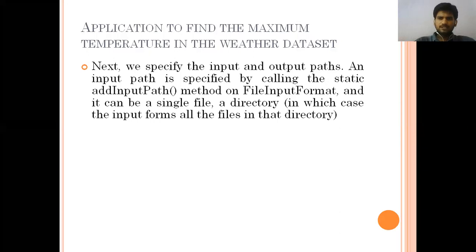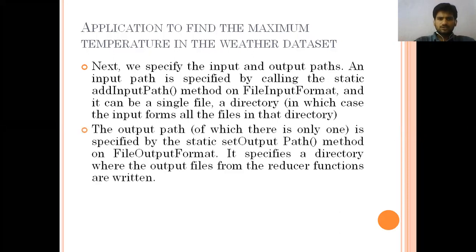This is a package with a class where the static addInputPath method is defined. It can be a single file or a directory, in which case the input forms all the files in the directory.